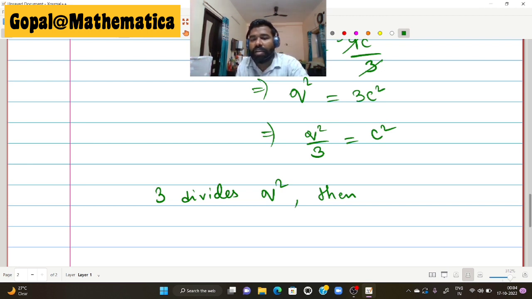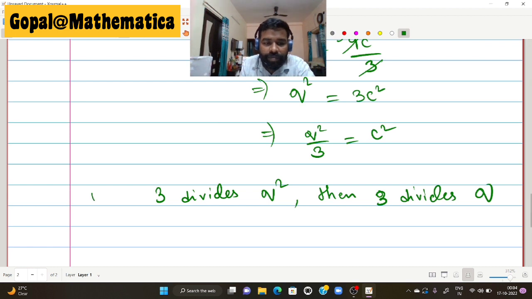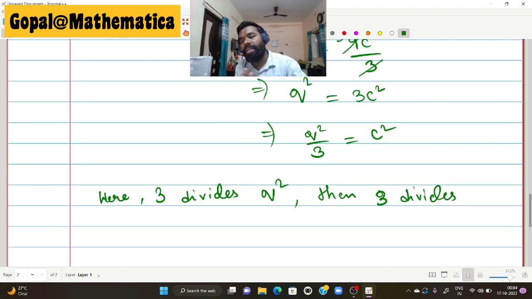So when 3 divides q square, then 3 divides q as well. So you can write here: 3 divides q square, that means 3 divides q.